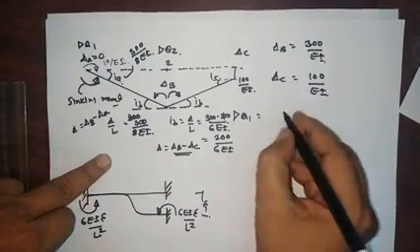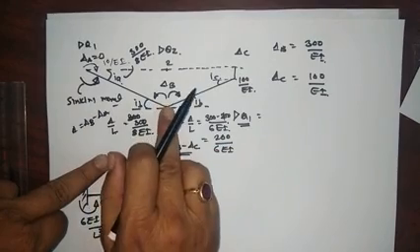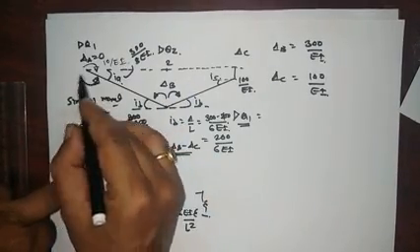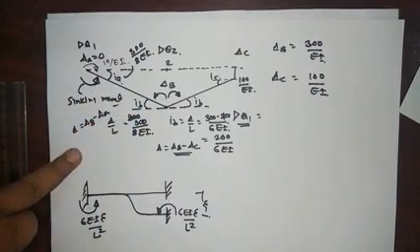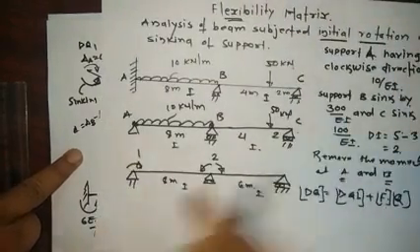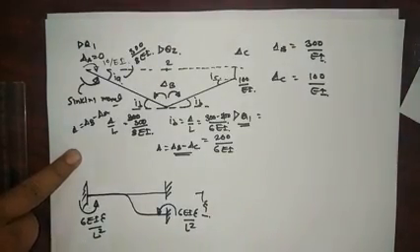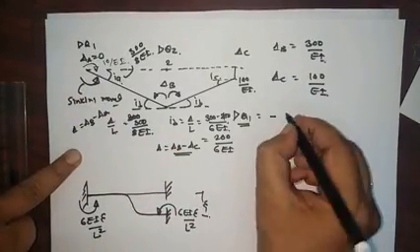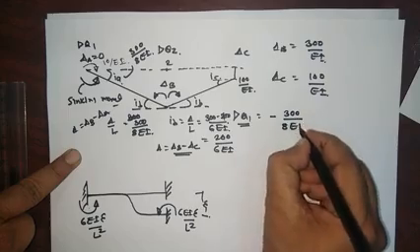Now this dq1 is the slope developed at 1 due to the sinking of support at 2 here. The developed slope is in anti-clockwise fashion, because what we have assumed is rotation in the clockwise direction, but the developed slope is anti-clockwise, that is why it is minus 300 divided by 8 EI.